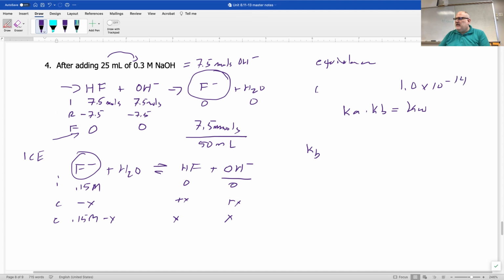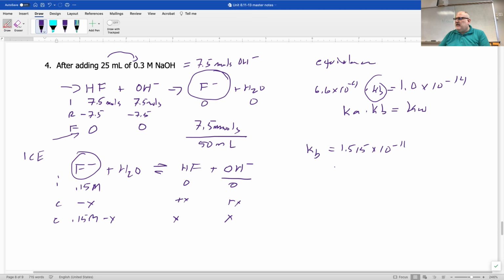Well, we know that our Ka in this case is 6.6 times 10 to the negative 4. So can't we solve for Kb by dividing the 6.6 times 10 to the negative 4 into the 1.0 times 10 to the negative 14? And when we do that, we get a Kb of 1.515 times 10 to the negative 11.